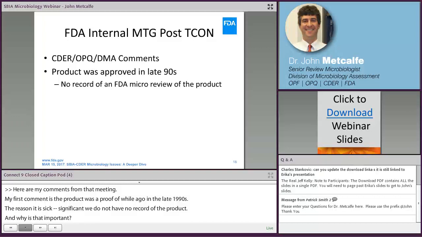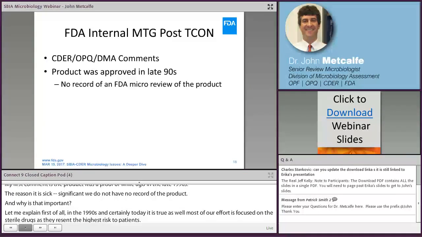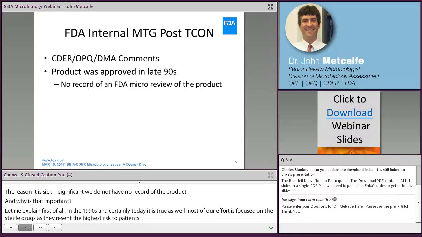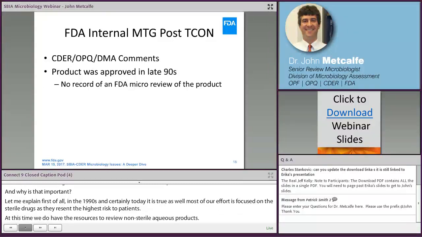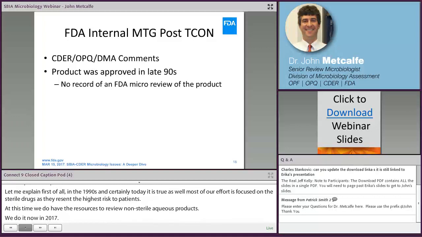At this time, we do have the resources to review non-sterile aqueous products, and we do that now in 2017. However, back in the late 1990s, microbiology review of these products was not being performed because the resources allowed for review of sterile products only.